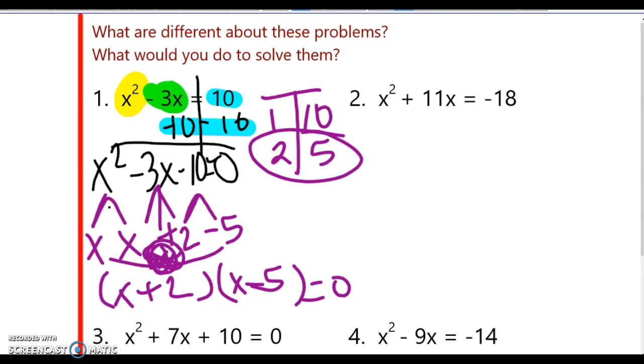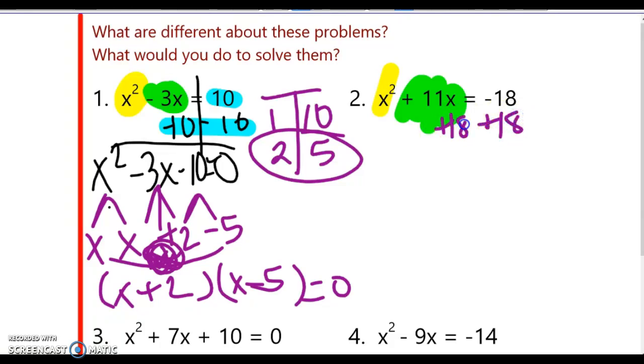All right, so look at number 2. You've got your x squared, that's all fine and good. You've got your 11x, but then do you see the equal sign right here and the negative 18 is on the other side? Well, that's problematic. I know I have to get it equal to 0, so what's the opposite of negative 18?